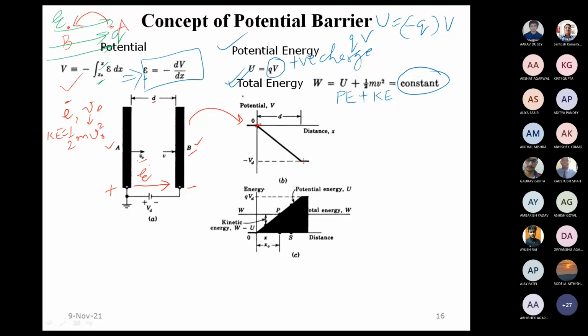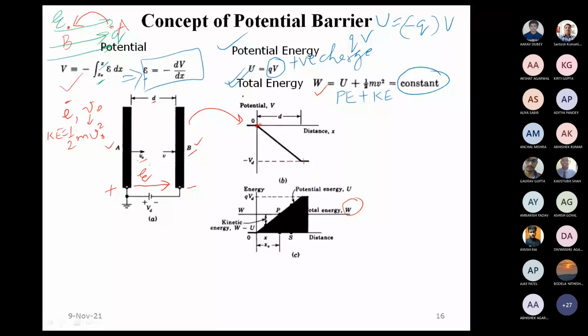Now, if we look at the total energy of this electron while it is traveling from plate A to plate B, the total energy is shown by W here, given by this equation.